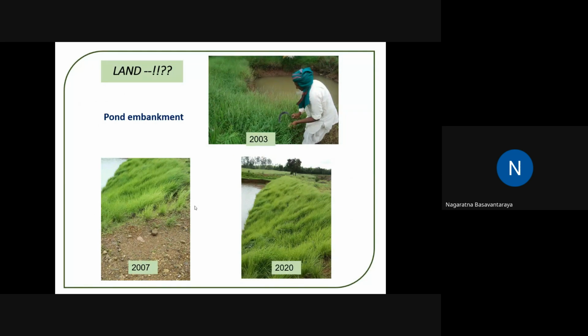Coming to the pond embankment, though it is a little bit of a deviation from today's topic, it would be interesting to see that some fodder crops, like this grazing guinea, grow even where the soil is so poor, just like wasteland. In one picture, which shows 2007 as the year, you can see the kind of topsoil available there.